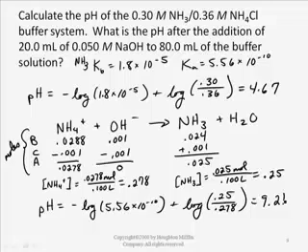That just showed me I made a mistake up here because I used the Kb instead of Ka, and this one should not have such a huge jump in the pH. So let's try that again.